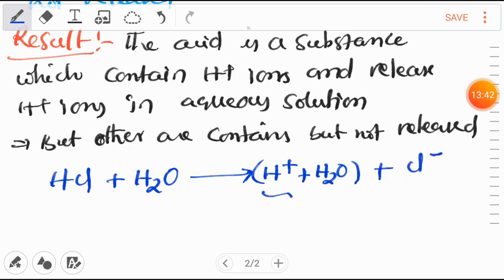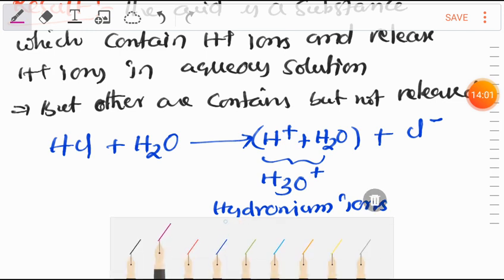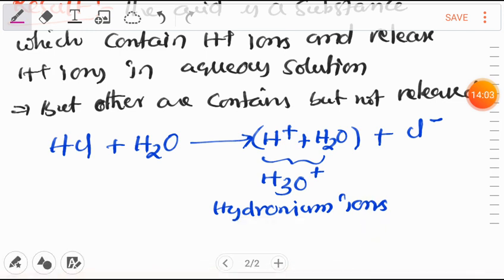H plus ions do not exist independently. They are in the form of hydronium ion in the aqueous solution. This is called the hydronium ion. This is also very important: H plus ions in aqueous solution do not exist independently.